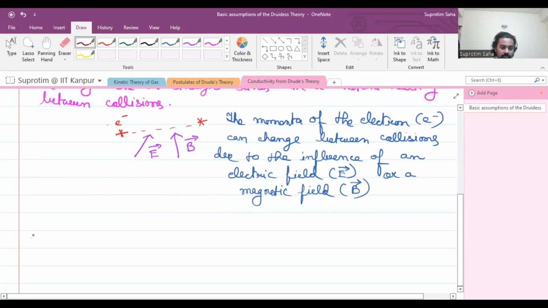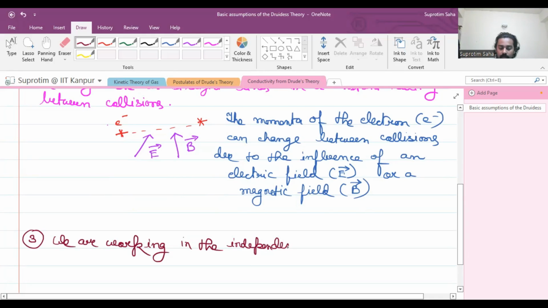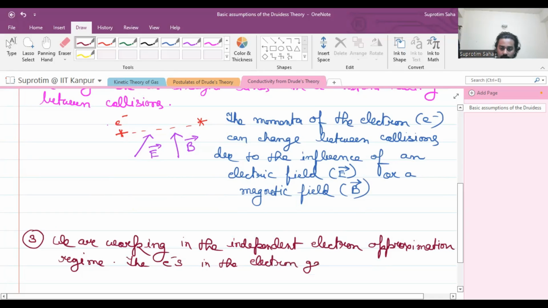Now the third assumption was, we are working in the independent electron approximation regime. The electrons in the electron gas are non-interacting.